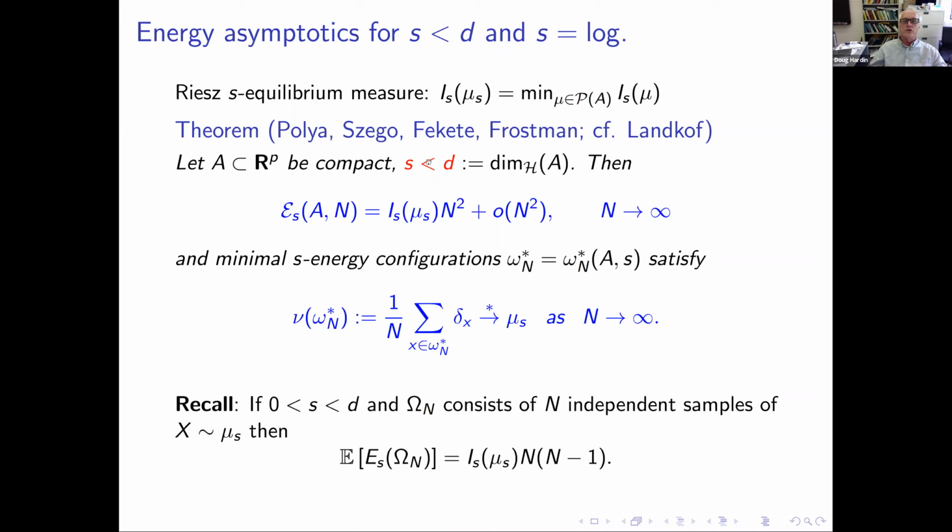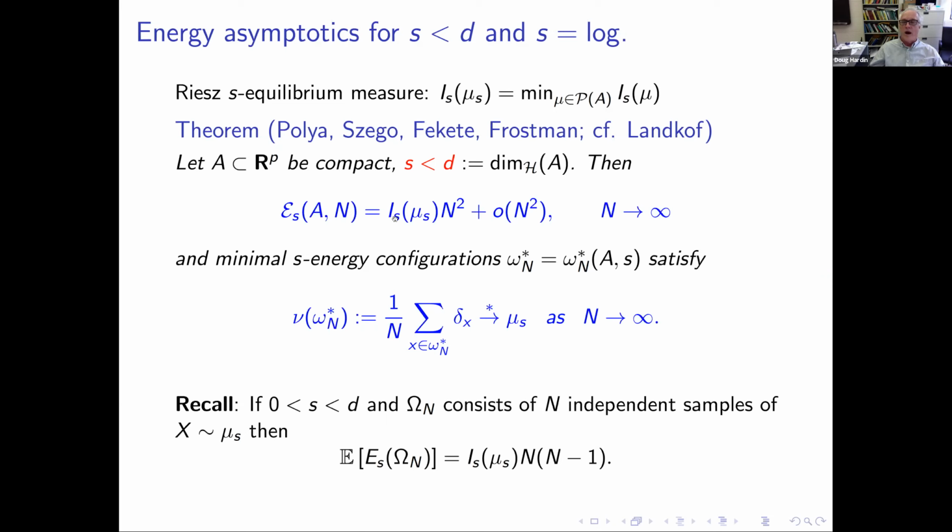When s is less than d, there exists some measure mu for which this I s of mu is finite. And for the Riesz s potential, there is a unique mu sub s that minimizes this integral.